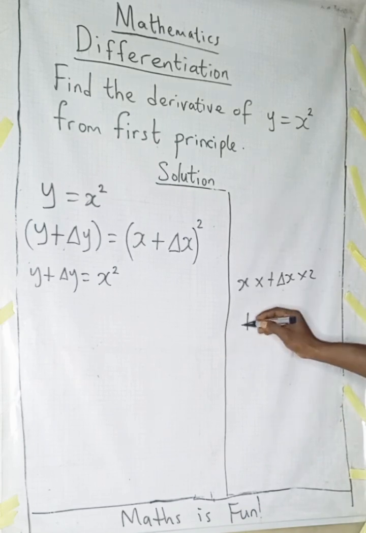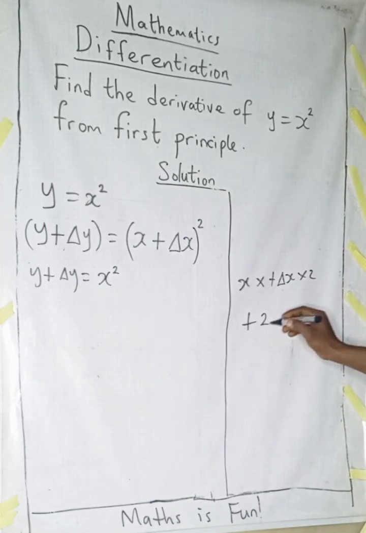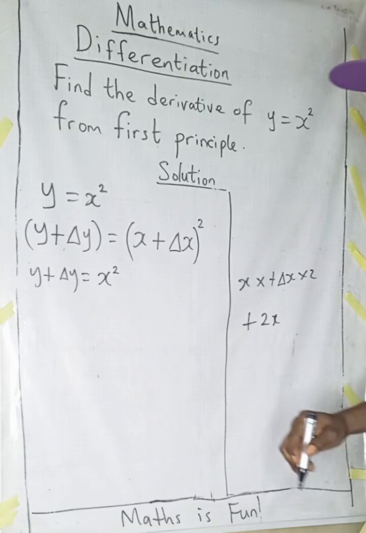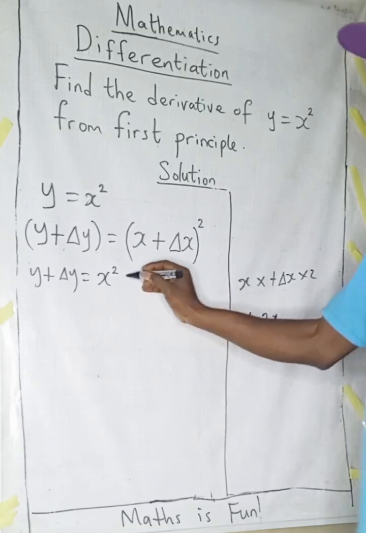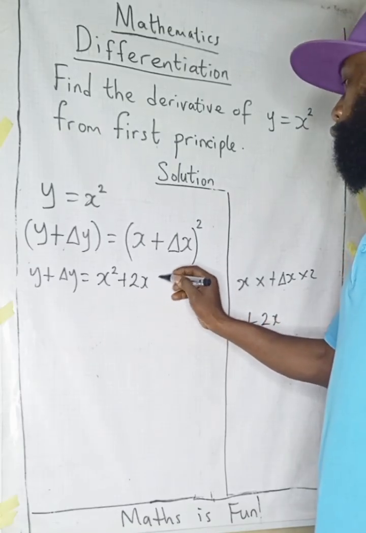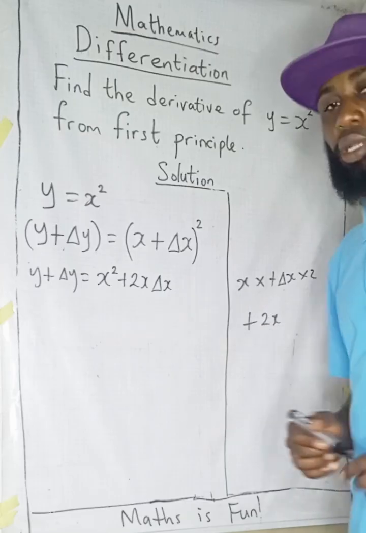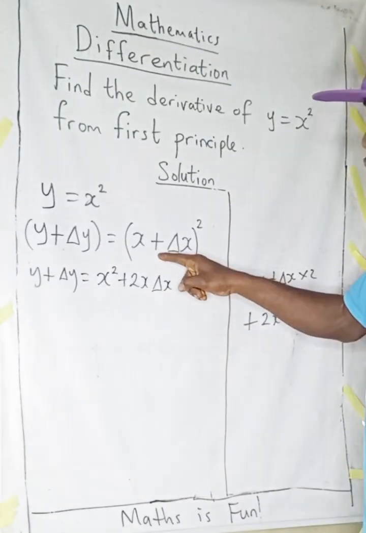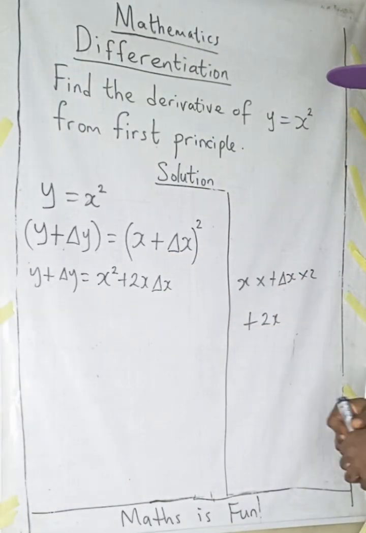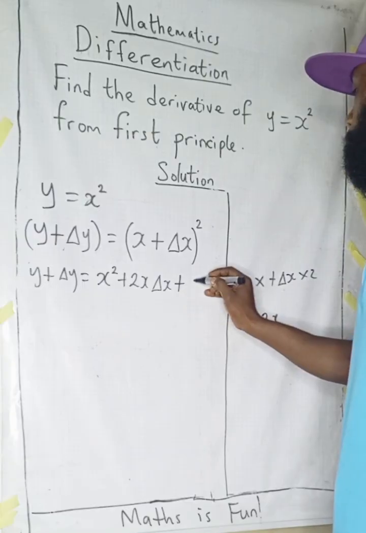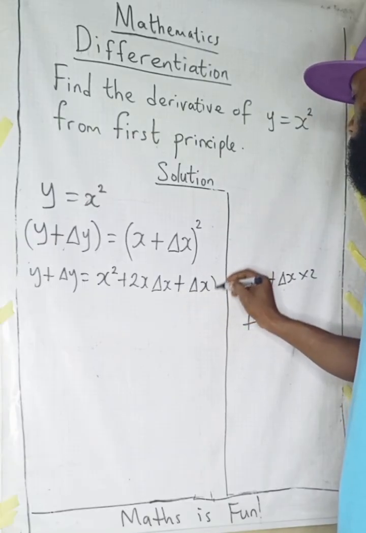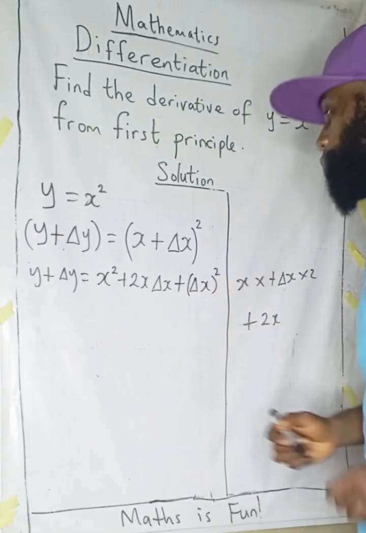That will give us plus 2x change in x, right? From here. So plus 2x change in x. Then lastly, we do what? We do plus change in x squared.